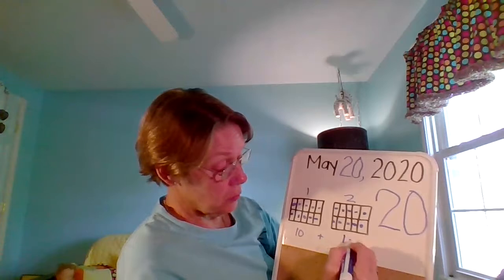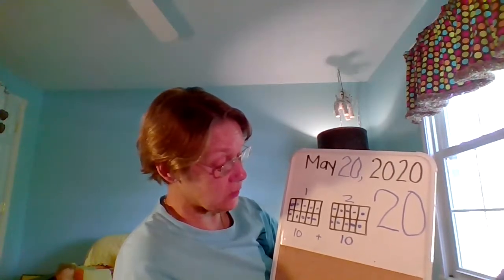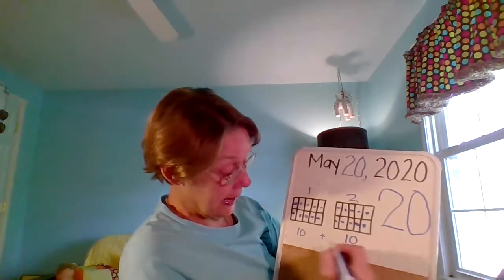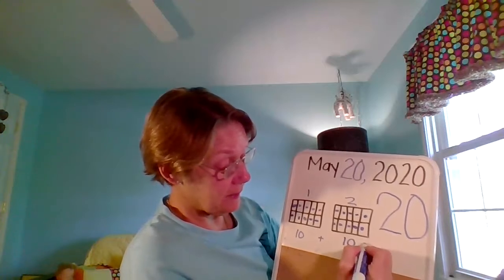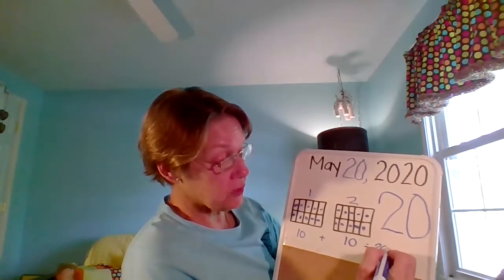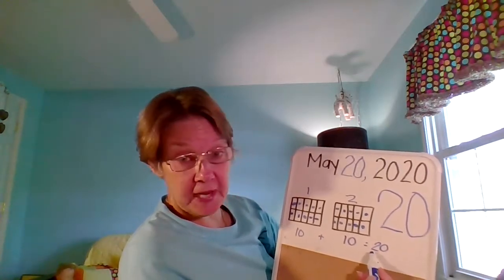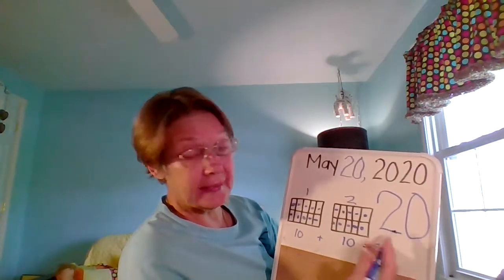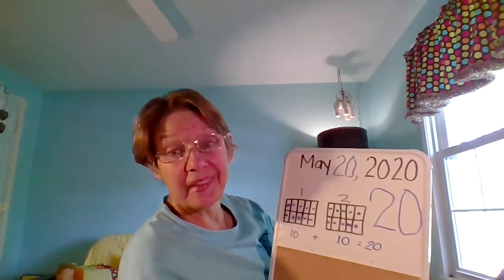So we have a tens frame and a tens frame, right? And so 10 plus 10 equals 20, or 2 tens and 0 ones. That's what that means. And today is Wednesday.